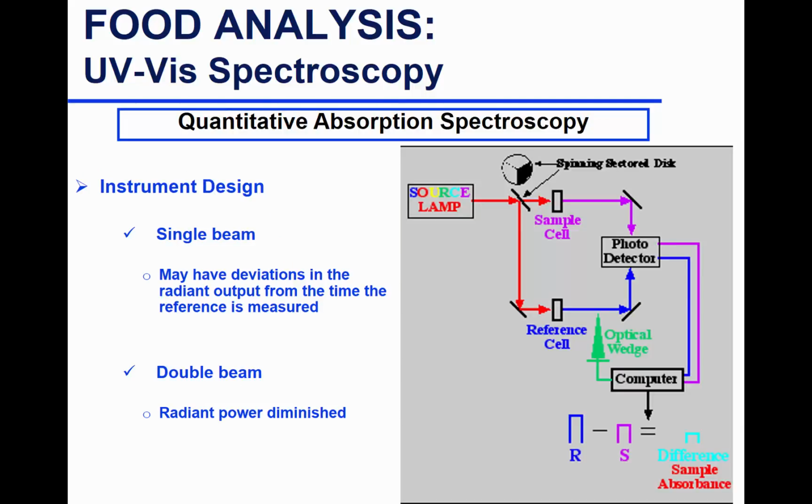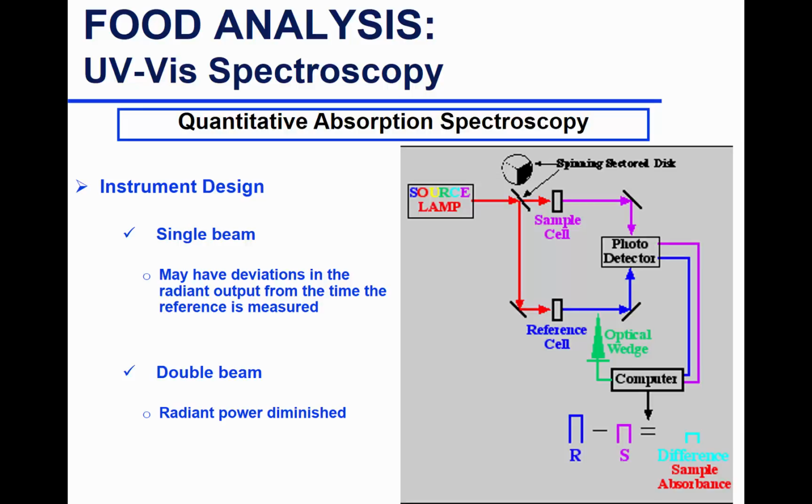As for the design of the instrument, you can have a single beam. That means you don't have a reference cell. All of your beam hits the sample and the transmittance gets detected. Or you can have a double beam, which means you have a reference cell. The lamp beam gets divided, so one beam goes to the sample and one goes to the reference cell.